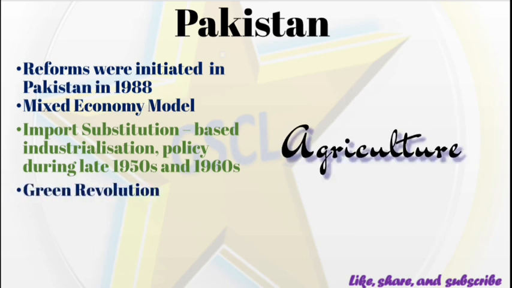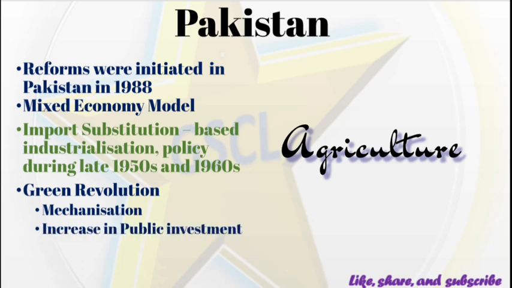Considering agriculture, the Green Revolution helped agricultural practice to be mechanized. More and more machines, tools, and other modern implements started to be used. The government also invested in agriculture. As a result, food grain production increased.